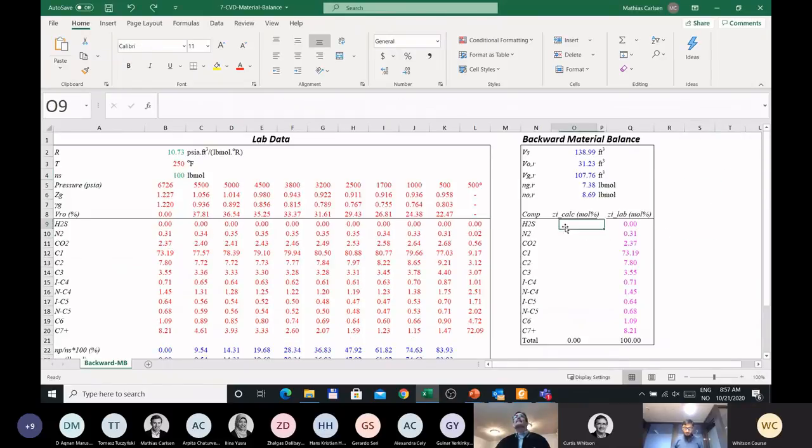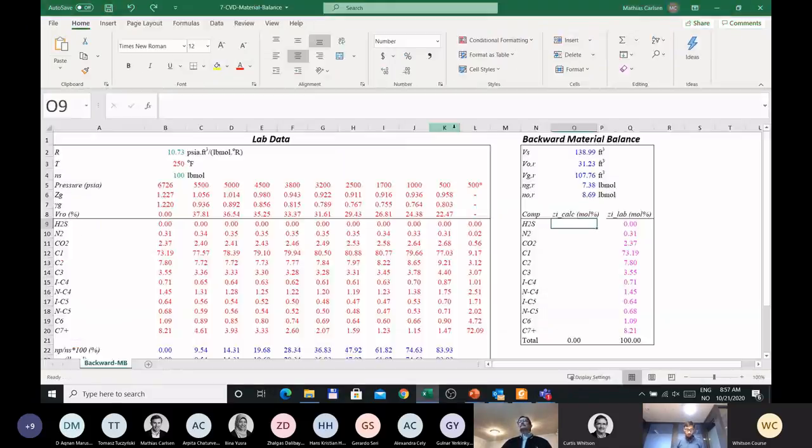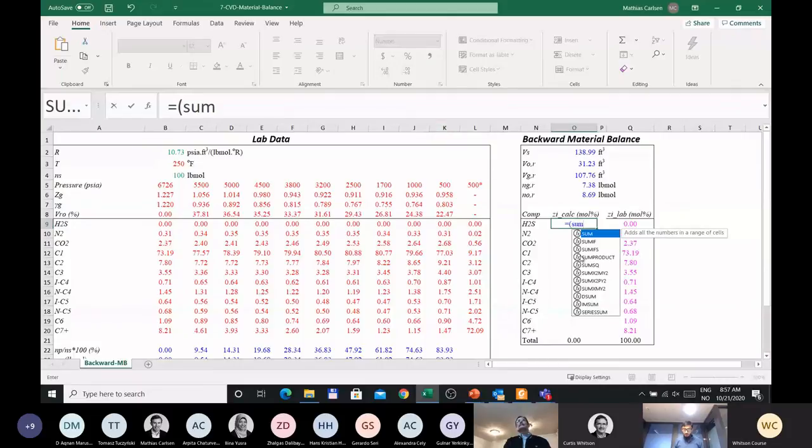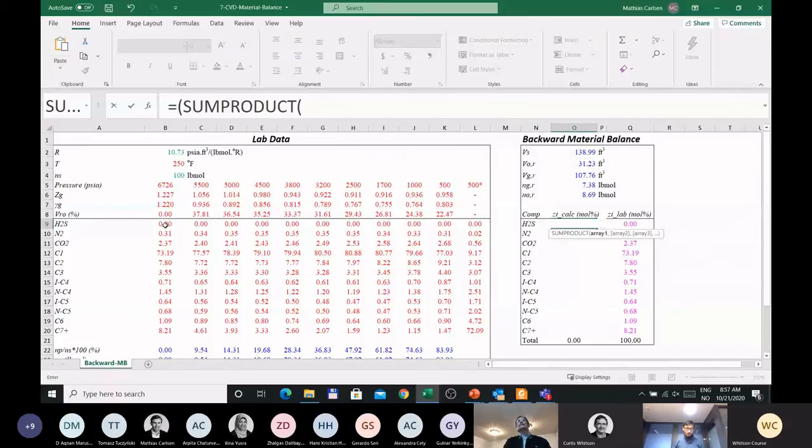Okay, let's do this. Yeah, so we have the sum product of the gas compositions and the incremental moles of gas produced, so that we can sum product of the gas compositions.